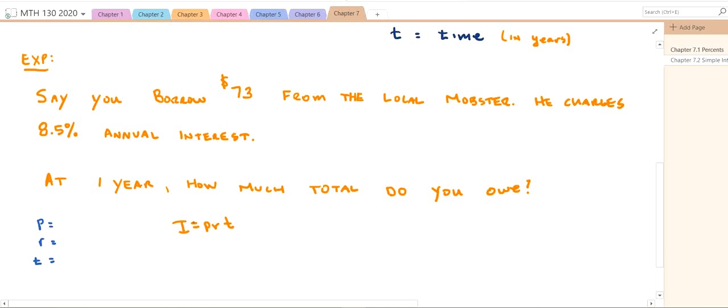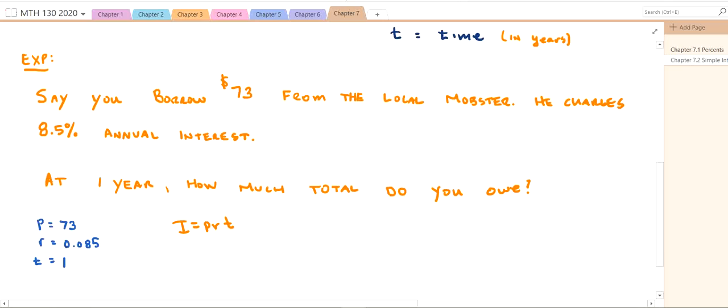So our principal, the money we borrowed, the starting value, was $73. Our rate is 8.5%. Now make sure you write this rate in terms of a decimal, 0.085 then. And the time is just 1 year. If it was more than 1 year, this would go up.